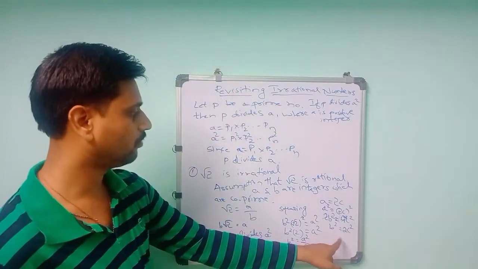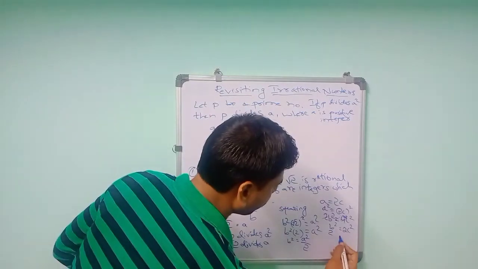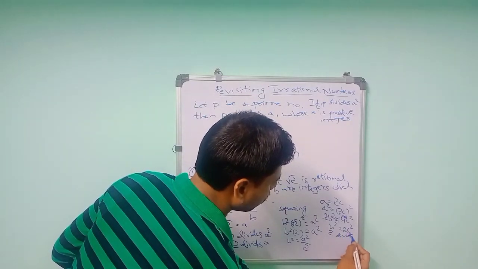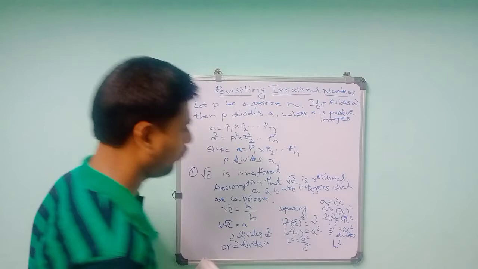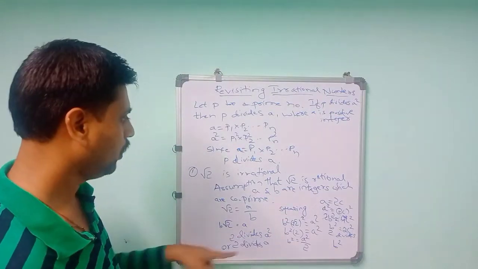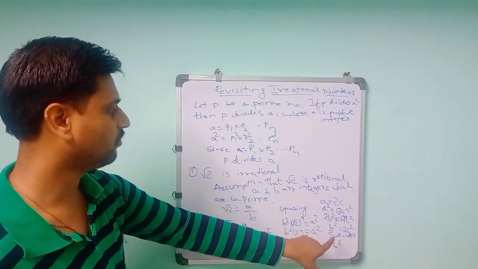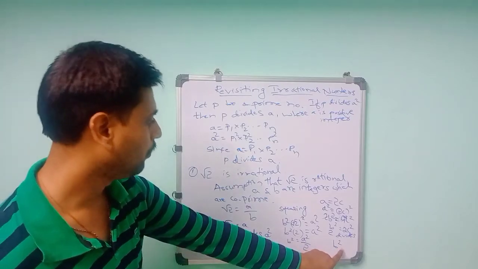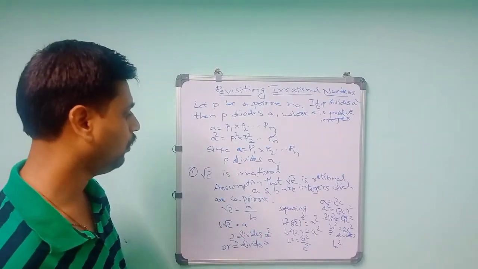So in this also 2 divides b square. From this we conclude that 2 divides b square means 2 is a prime factor of b also, and a prime factor of a also. So a and b have a common prime factor.